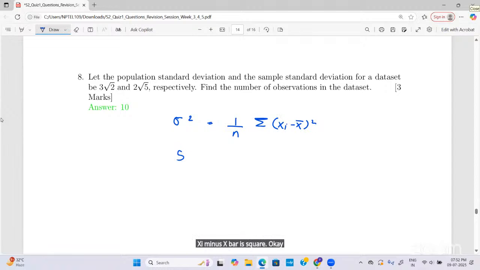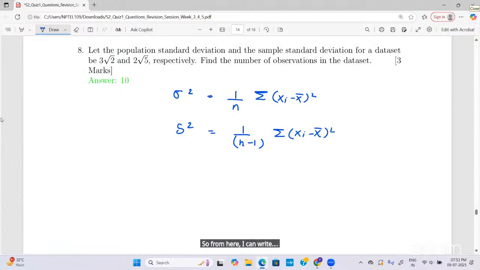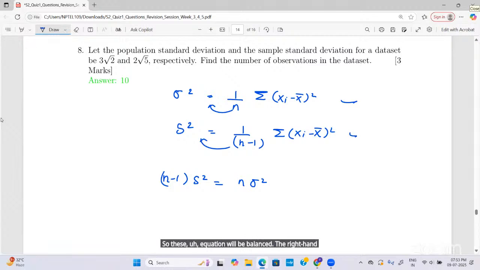And in sample variance, we do 1 upon n minus 1. And this part is the same. So from here, if you cross multiply, n minus 1 s square will be equal to n into sigma square, right? Yes, ma'am.